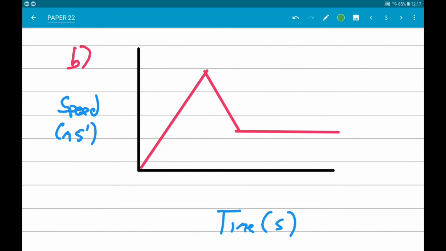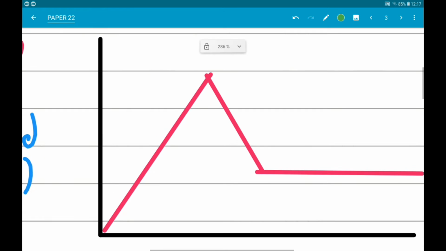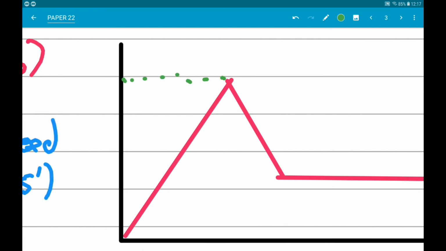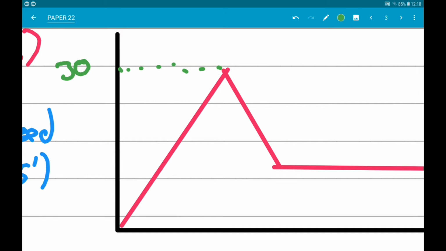Okay, now let's put the numbers on. So, we know this speed was 30, and then this one was 6.